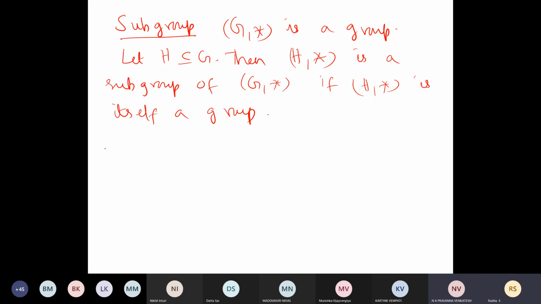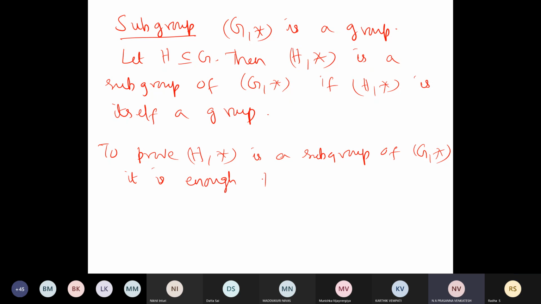What are those 2 properties? To prove (H, *) is a subgroup of (G, *), it is enough to prove number 1, (H, *) is closed.